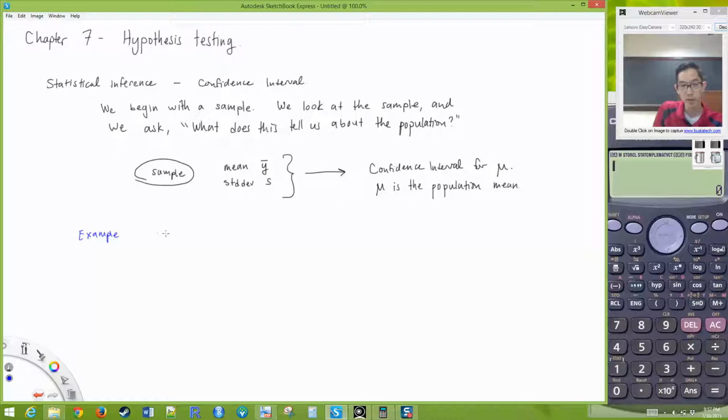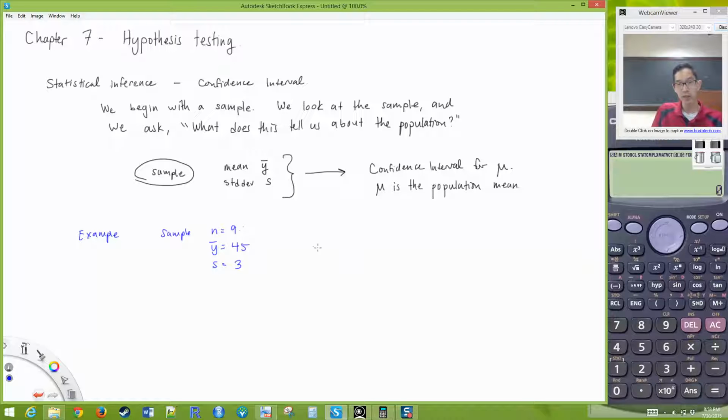Let's say you have a sample of n equal to 10 things, and y bar is 45 and s is 3 or whatever it might be. Let me just change this up so n is 9. This will make my life a little bit easier.